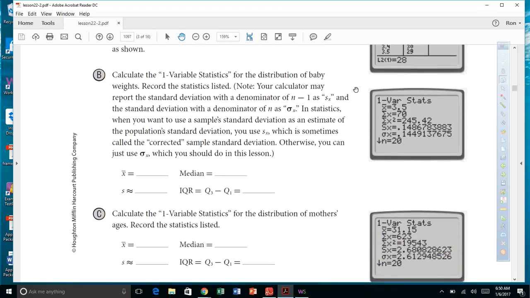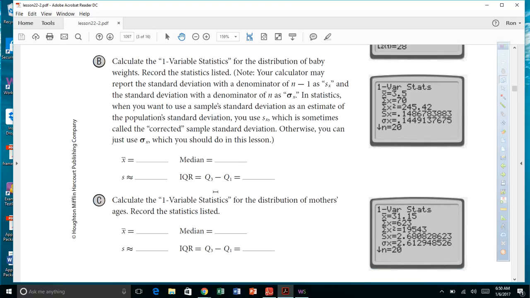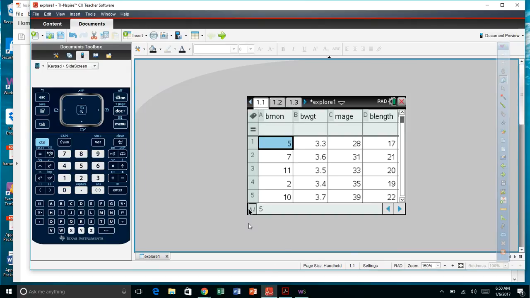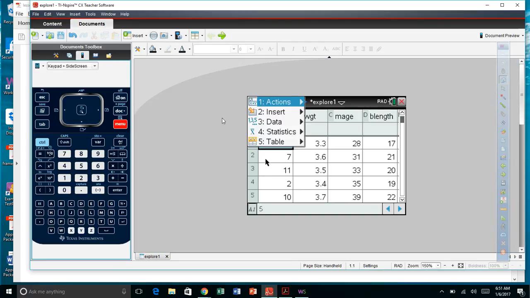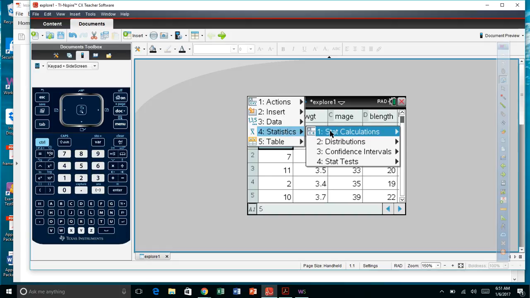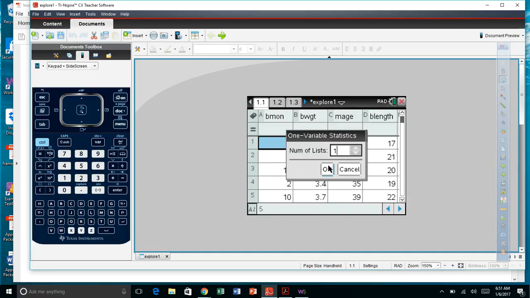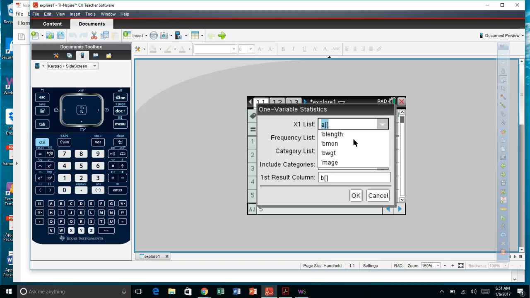Calculate the one variable statistic for the distribution of baby weights. Let me show you how to do that in the calculator. All right, so here we go. We're going to do baby weights. The way we do that, press menu, 4, 1, 1 variable statistic, number of lists, 1, and we're going to do baby weight.